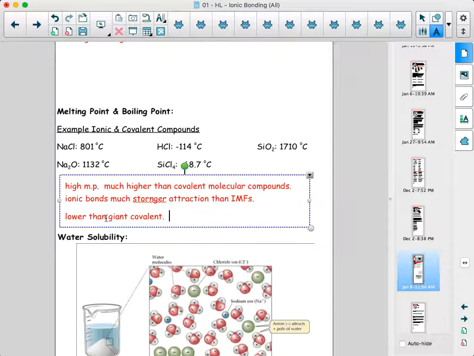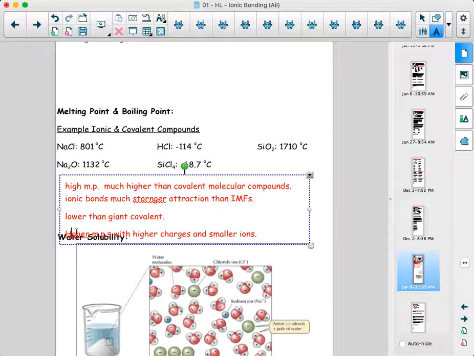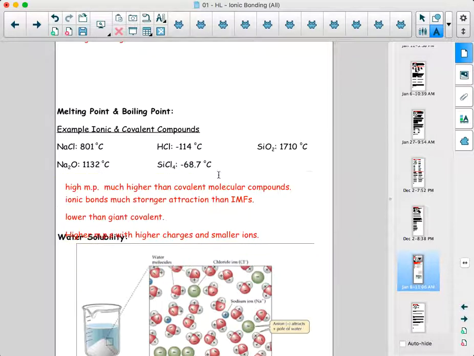So, in general, we're going to get higher melting points with higher charges and smaller ions. Those are the exact same factors that affected lattice enthalpy, and that's what will affect the melting point trends of ionic compounds.